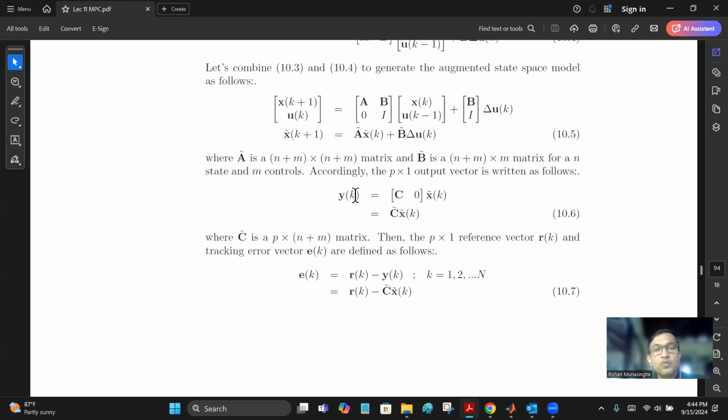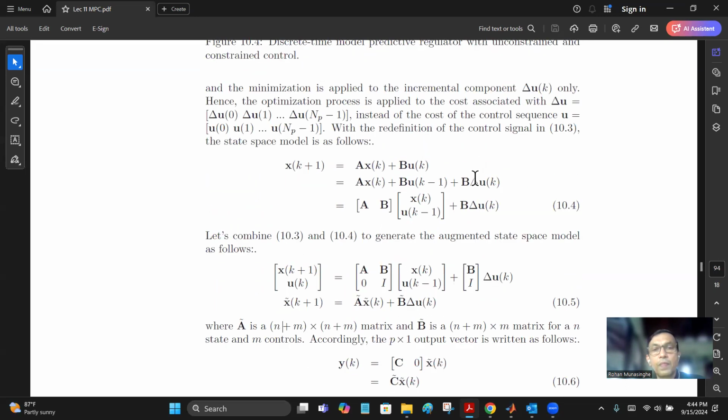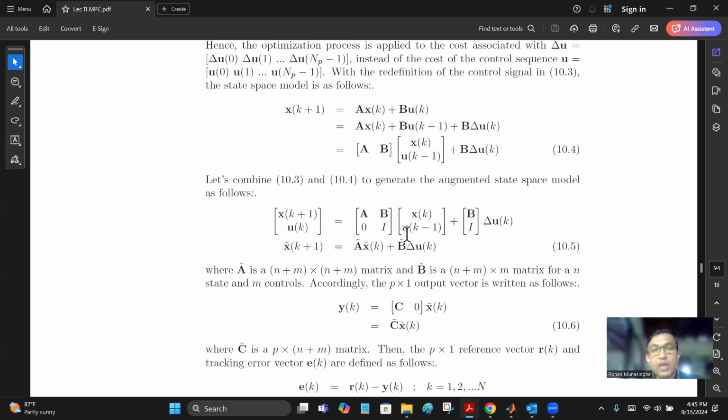Then the output y_k is C x tilde_k. C comes from the original state space model, and now we have the additional element u_k. We are not taking that as a measurement, right? Because it's only for this formulation that we use it, but the actual output is still x_k.